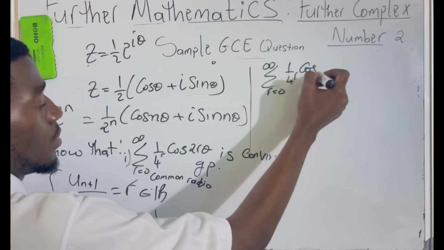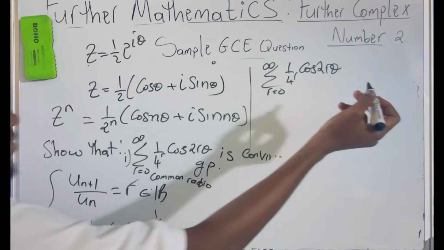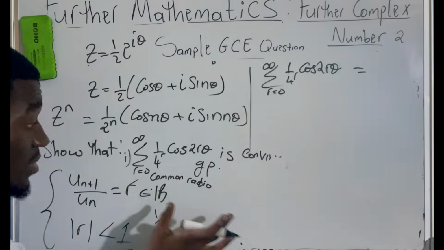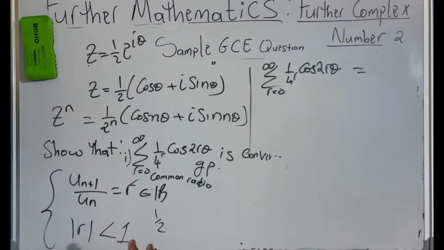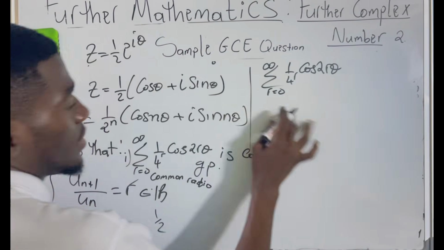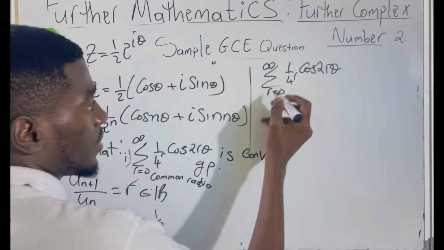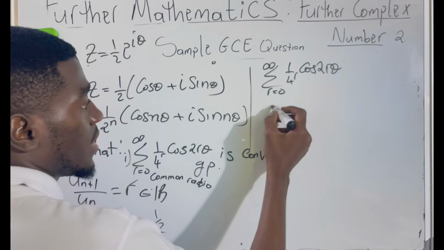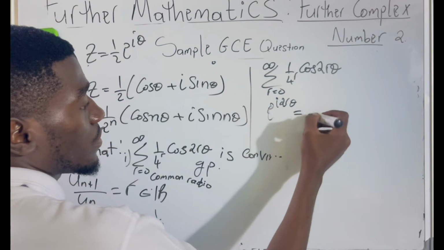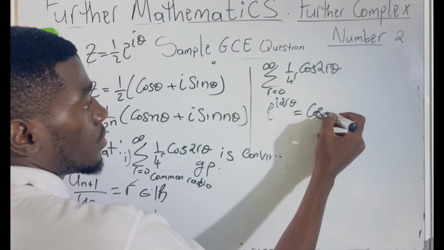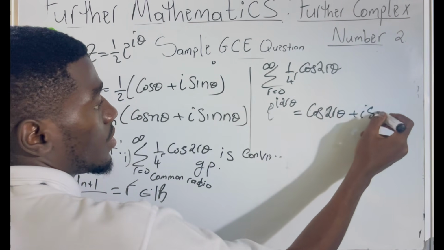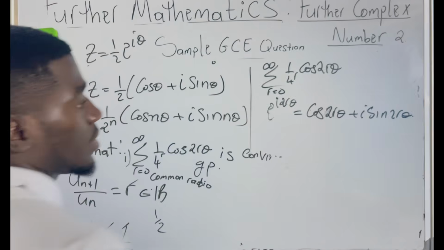r equals r theta. Now, for us to show that the series possesses a common ratio, we should come up with like 2 terms or 3 terms. So, we all know that for the complex number, exponential of i r theta is simply equal to cos r theta plus i sine r theta.